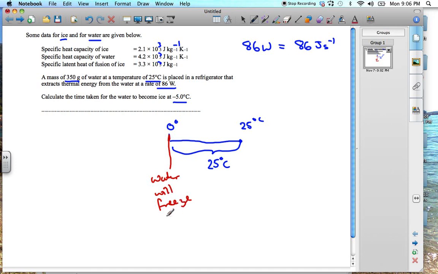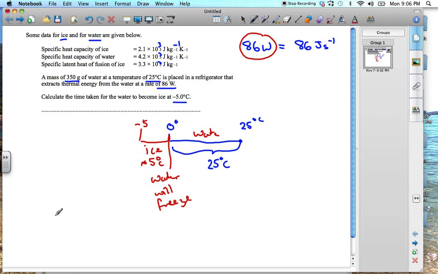So there's going to be further energy released there, and then we go from 0 to -5 where it's now ice. So this is ice, this is water, and the ice is now going to be at -5 degrees Celsius. There's going to be a change in temperature of 5 degrees Celsius, and it's going to again give out energy, and this energy is going to be extracted at 86 watts, 86 joules per second.